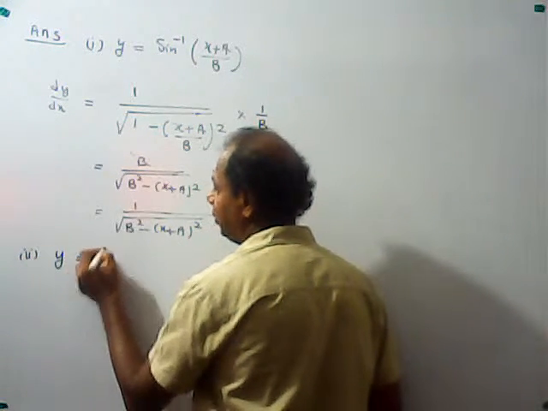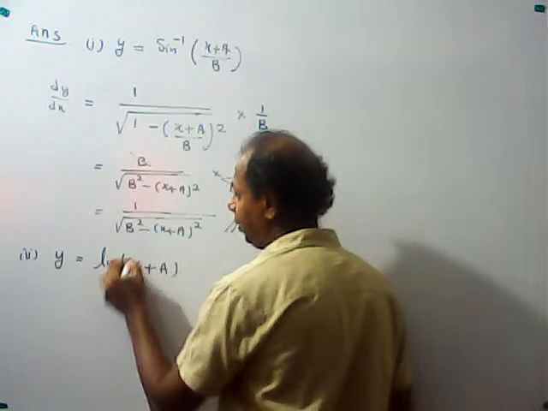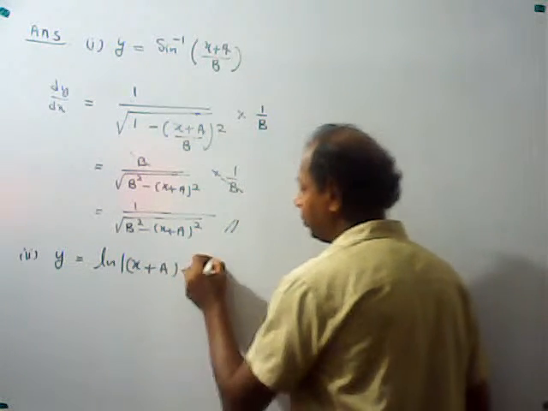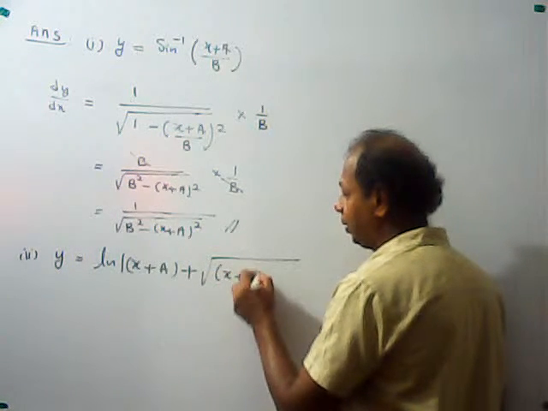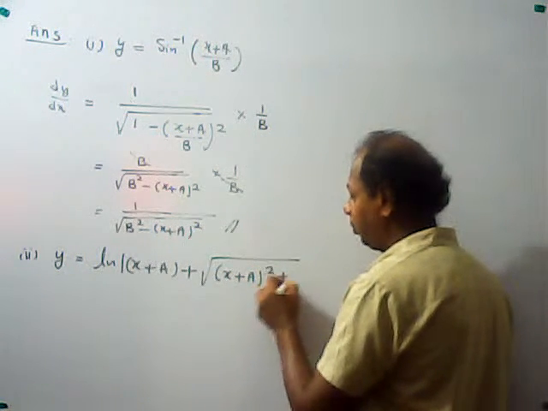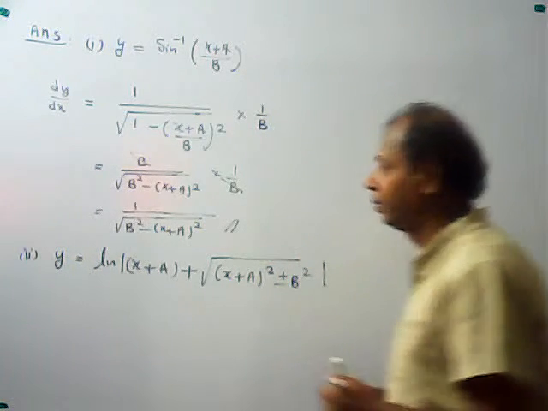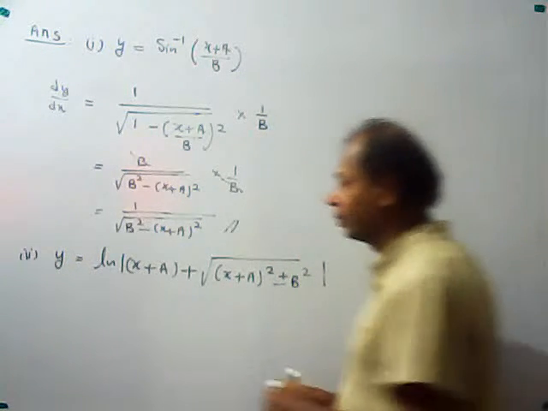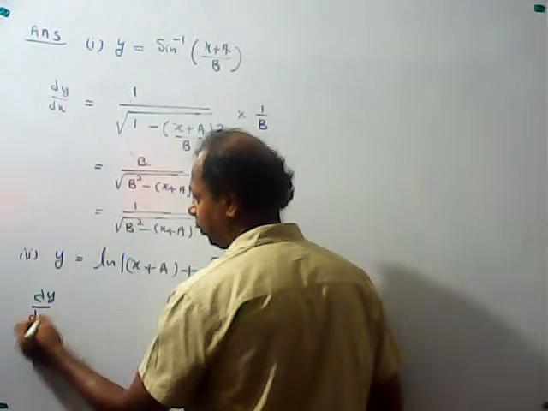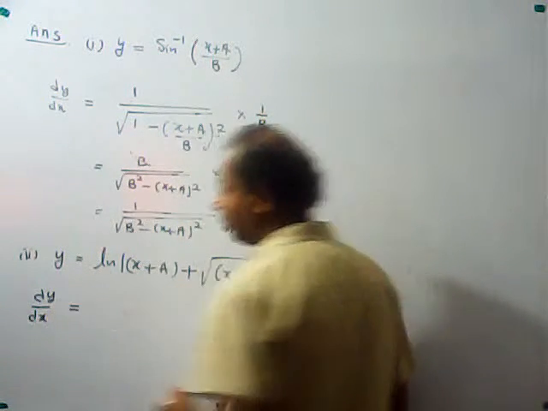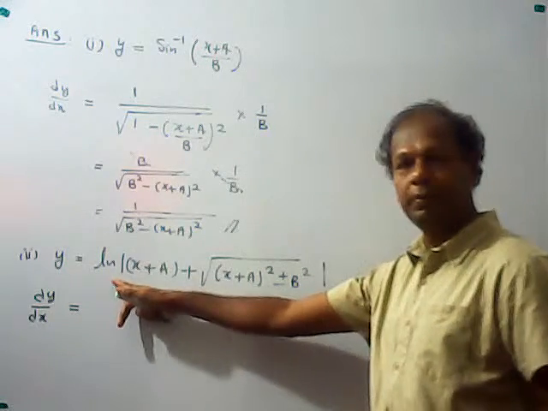Y equals ln mod of x plus a plus square root of x plus a squared plus or minus b squared, mod of that. Differentiating, dy by dx equals, it is ln.